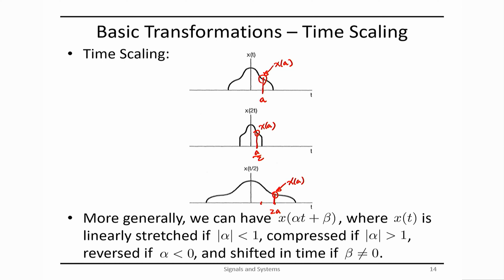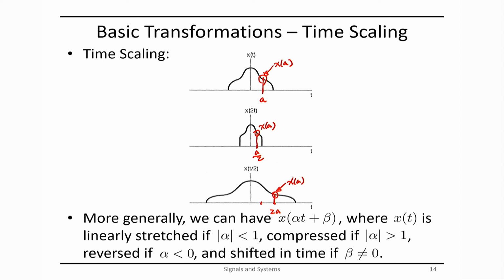All right, now combining all of the 3 different basic transformations, you can generally perform a transformation that can be written like this, x of alpha t plus beta.